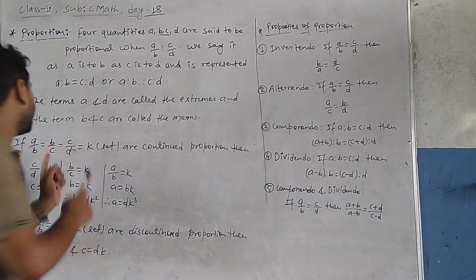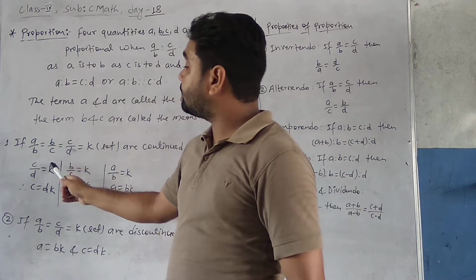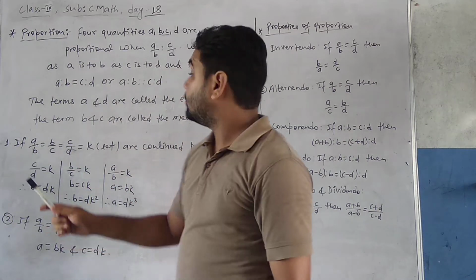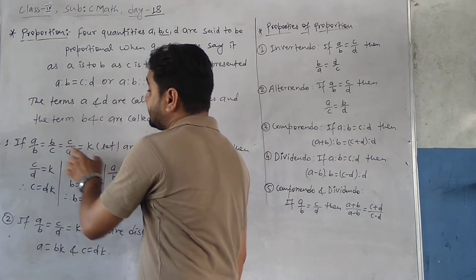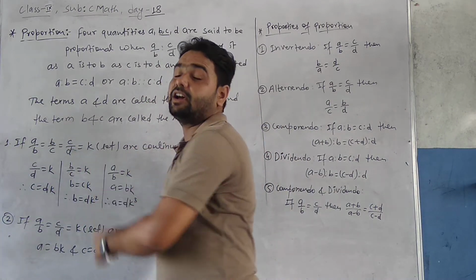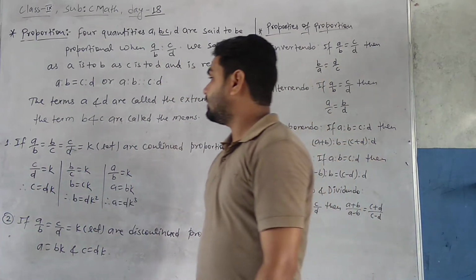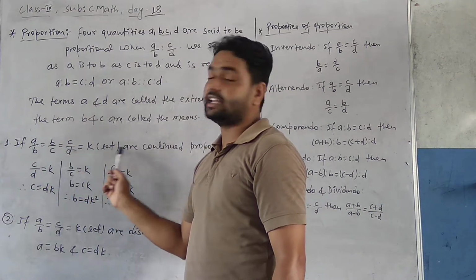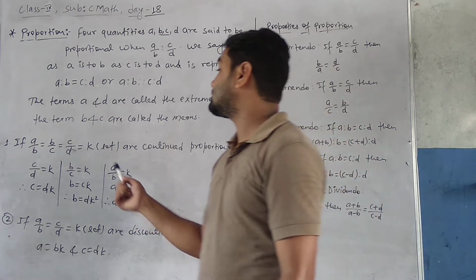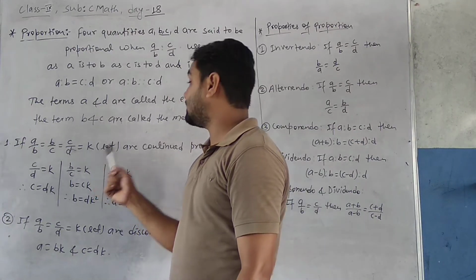We call it the continuous type, and we can represent the common ratio by any letter we like, so we take it as K.